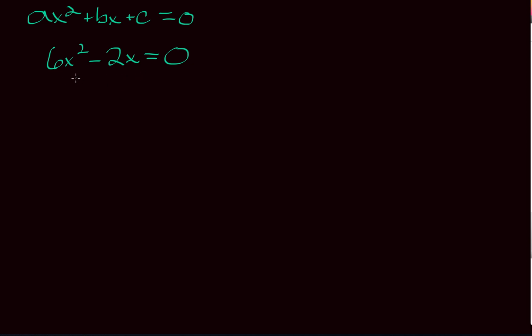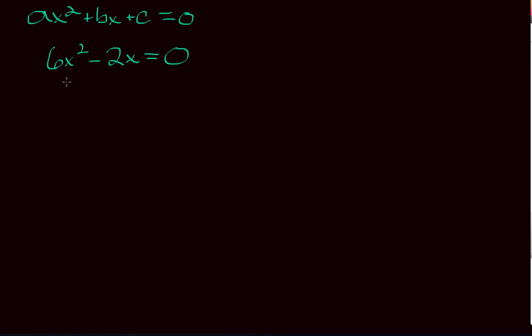This is super simple. We look to see if they have anything in common. Do the 6 and the 2 have any factors in common? And remember, factors are those numbers that you multiply together to get a certain product. So factors of 6 are 6, 1, 3, and 2. Well, yes, there is a 2 over here.